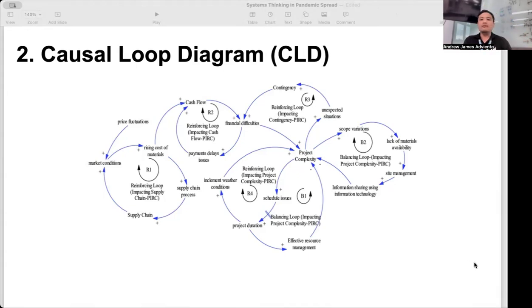As you can see in here, it's either reinforcing, that means it keeps on increasing, or it's balancing, wherein from time to time you will see some deduction or negation, a negative feedback loop where it tries to bring it into a usual or normal equilibrium.